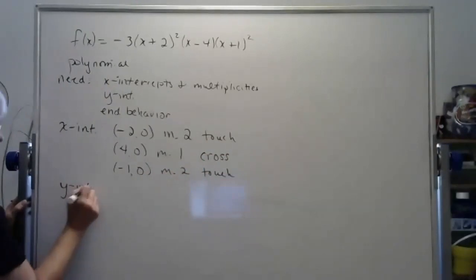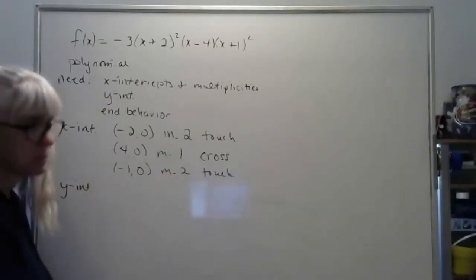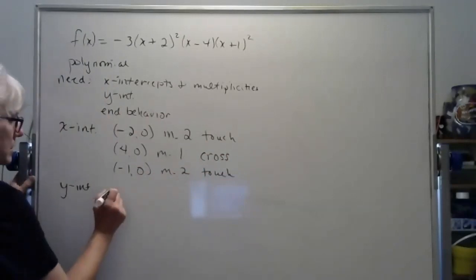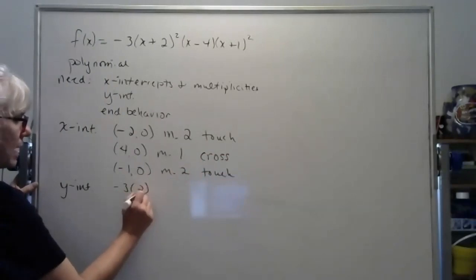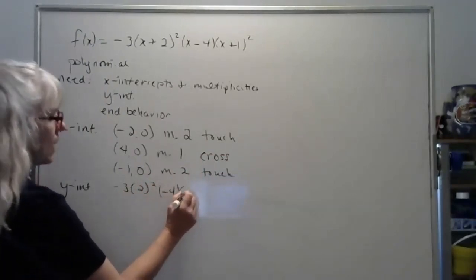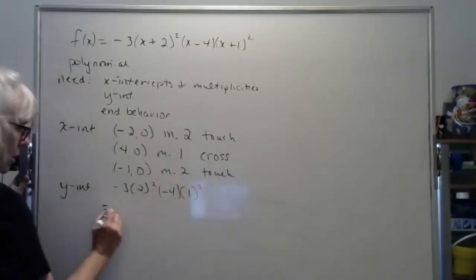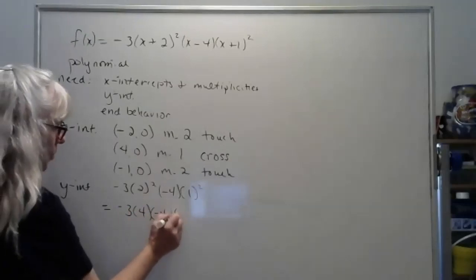Okay, y-intercept. This is the ugly one, especially when I make one up, and these are very easy to make up, so they usually get pretty bizarre y-intercepts. So I have the -3 out in front. All the x's are 0, so I'm going to have a 2 that gets squared, a -4, and a 1 that's going to get squared. Well, that's a -3 times a 4 times a -4 times a 1.